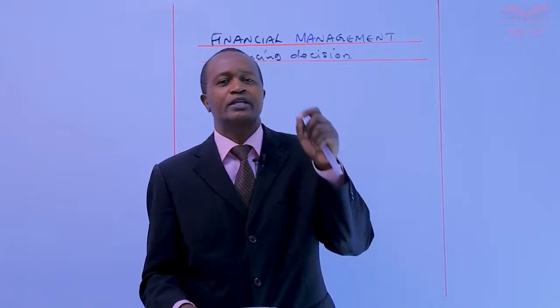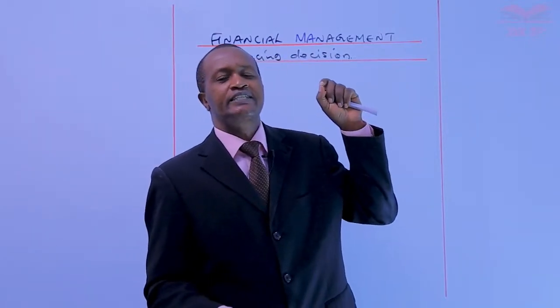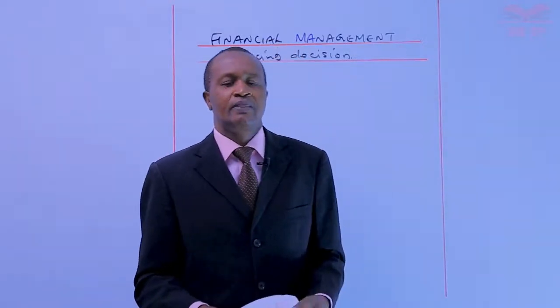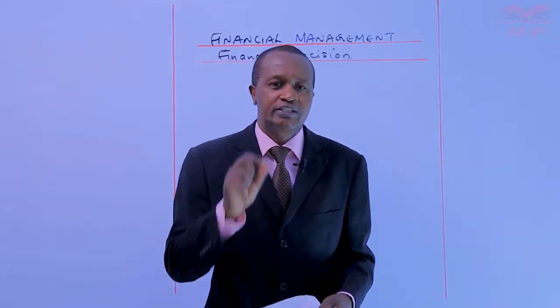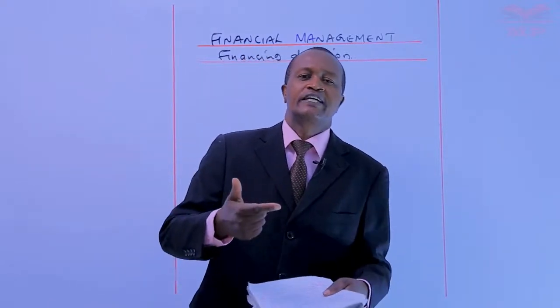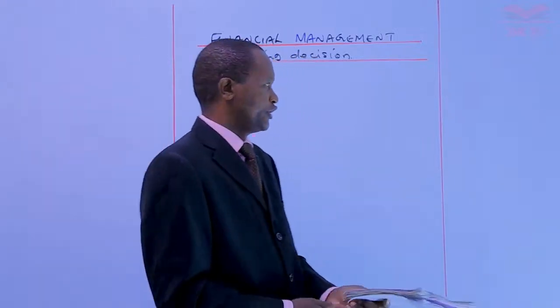So the management of the company must match the financing mix to the asset that is being financed. And one of the theories as to how the firm makes their financing decisions is the pecking order theory.